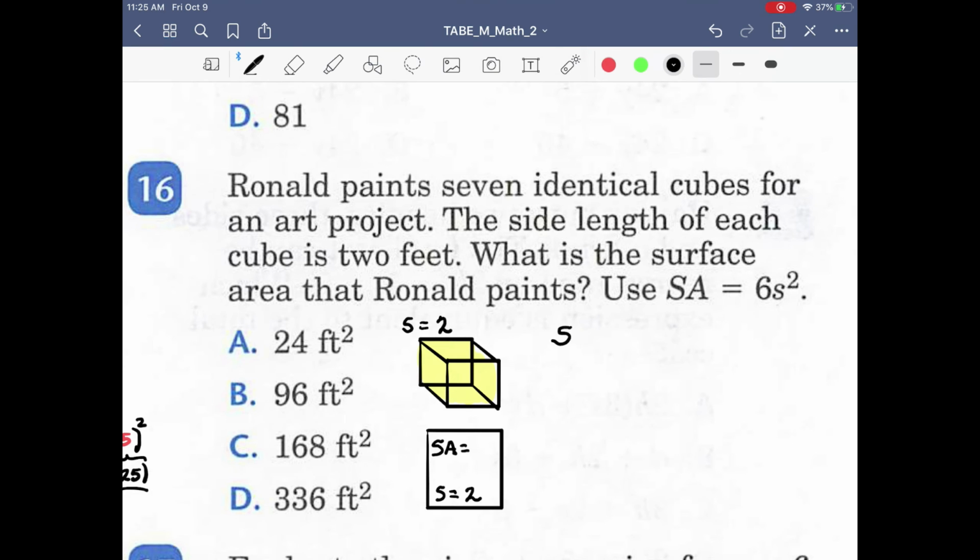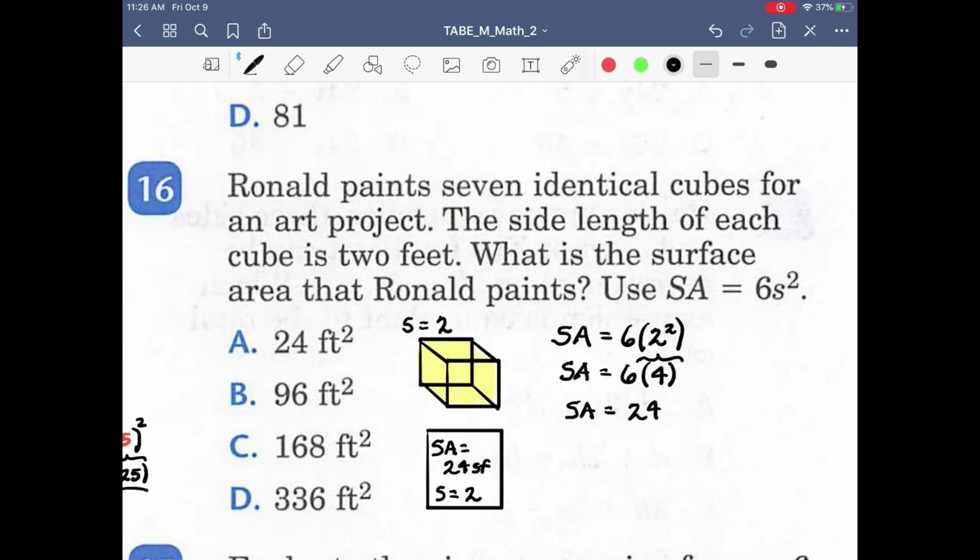So here comes the formula. Surface area is 6 times 2 to the second power. So 2 to the second power, that's 2 times 2 is 4. And then 4 times 6 is 24. So the surface area is 24 square feet.